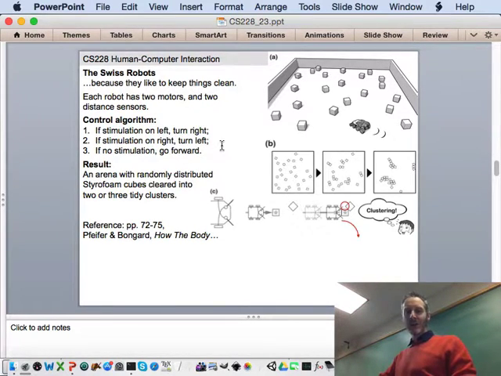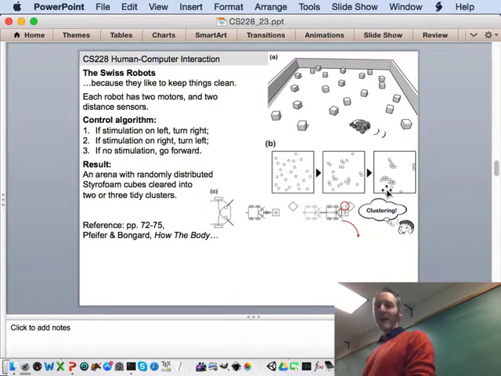If there's stimulation on the right, turn left. If no stimulation, go forward. So if you take this hardware in this environment and download this software into the Swiss robots, over time, they gradually clean up this arena by clumping all the styrofoam cubes together.